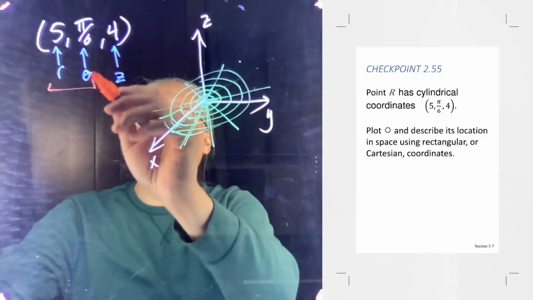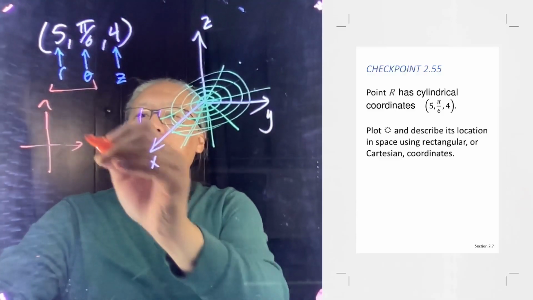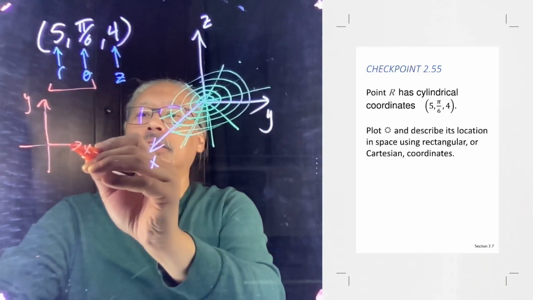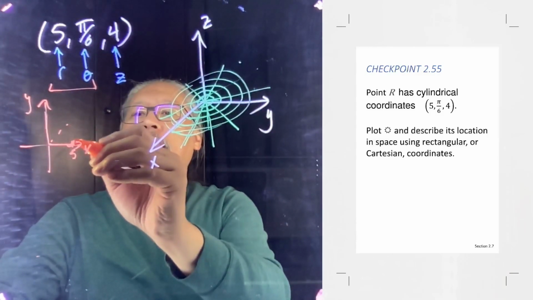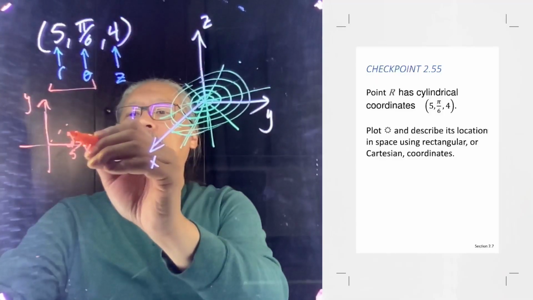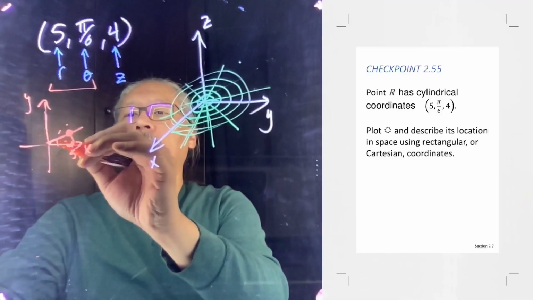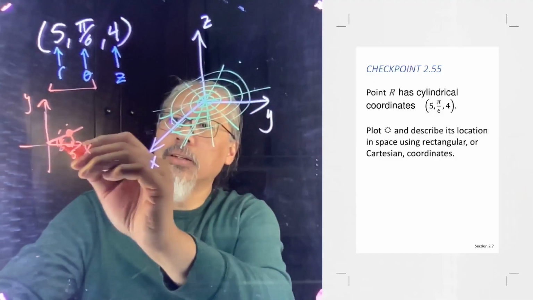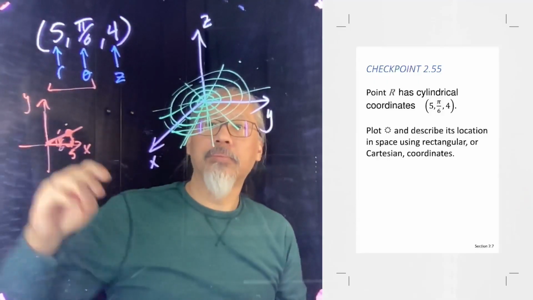If we just focus on these two values, we can look at that on the xy plane as a radial distance r of 5, and then up an angle of pi over 6. So this is your angle of pi over 6, and it'll be some point made from that angle.